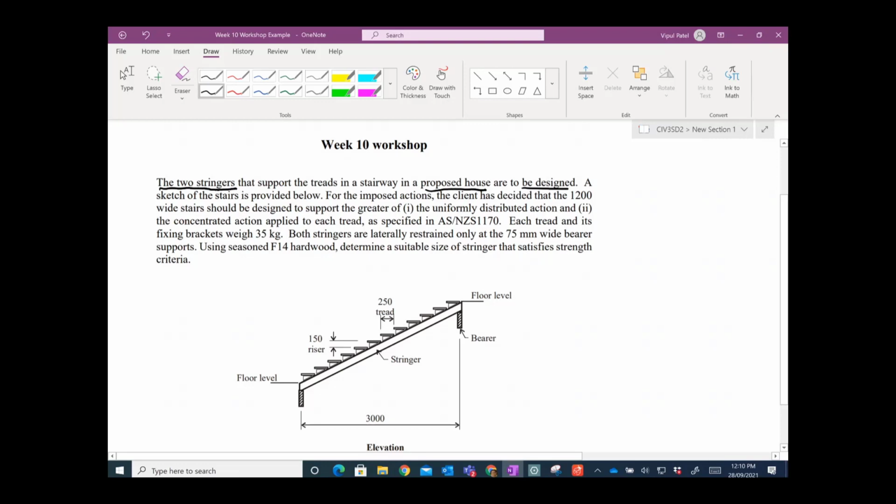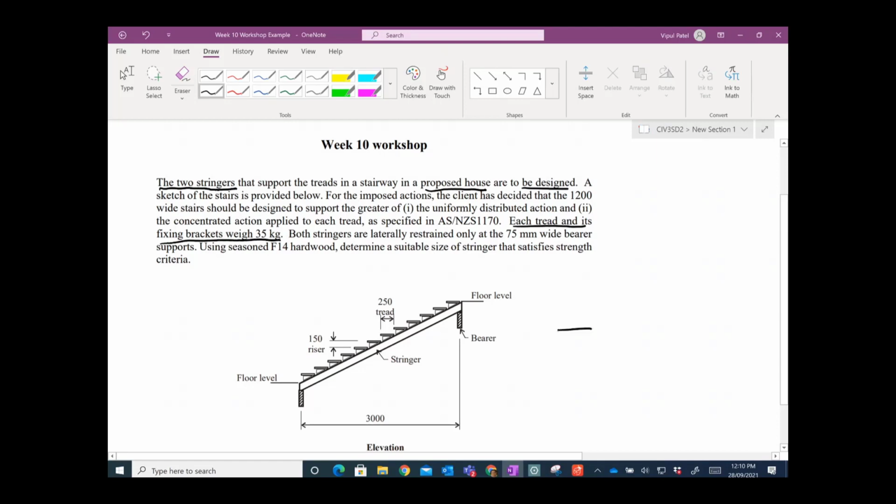like a live load, and you have a concentrated action applied to each tread. So you have a concentrated load applied if a person is standing on the treads. Each tread and its fixing brackets weigh 35 kilograms.